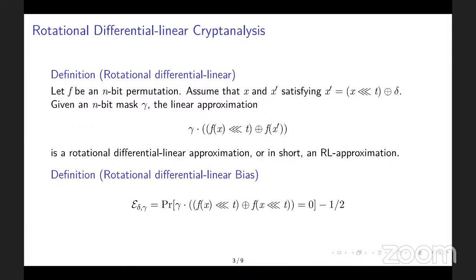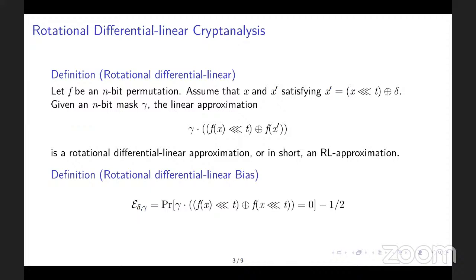So we propose rotational differential linear cryptanalysis where, given a pair of rotationally related inputs X and X prime, we study the linear approximation with mask gamma on the output difference of F(X) and F(X prime) through the cipher.